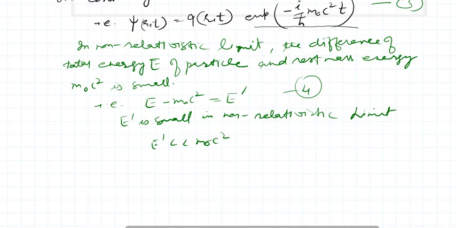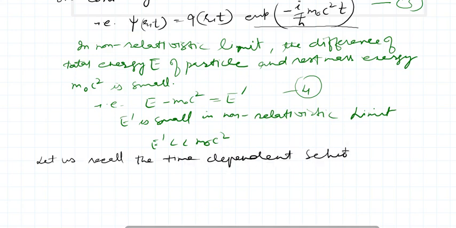So let us now recall the time dependent Schrodinger equation, that is iota h cross ∂phi/∂t is equal to E prime phi.